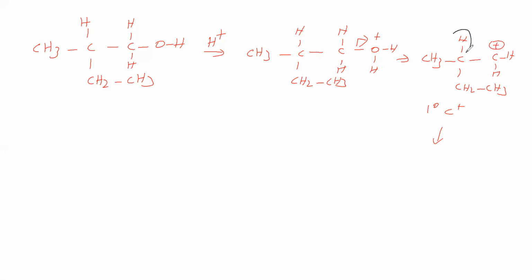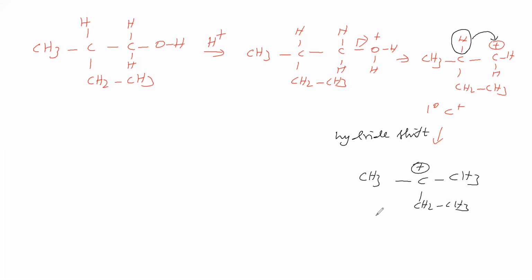That means this H takes this bond and shifts like this, which is a hydride shift. Due to the hydride shift, we get a tertiary carbocation. A tertiary carbocation is more stable than a primary carbocation. Then if halogen attacks, you will get Cl here. If elimination is possible, you will get a double bond here.